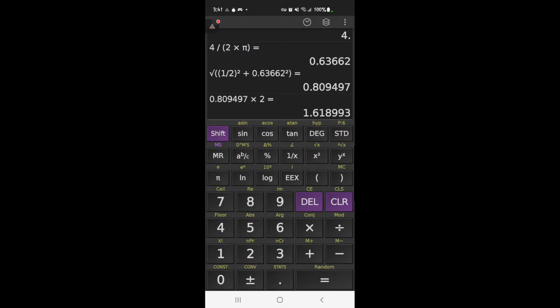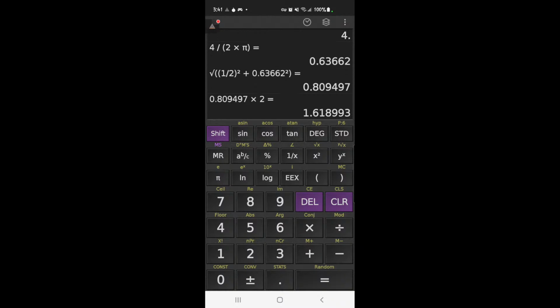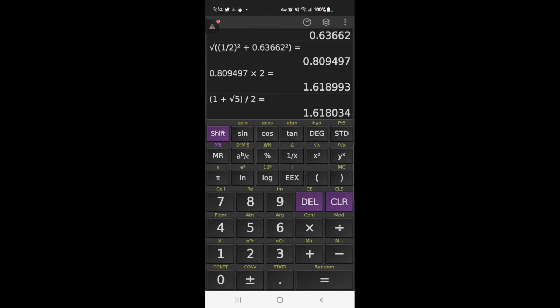So let's do this. We're going to take the equation for the golden ratio, which is 1 plus the square root of 5 divided by 2, and that is the golden ratio.